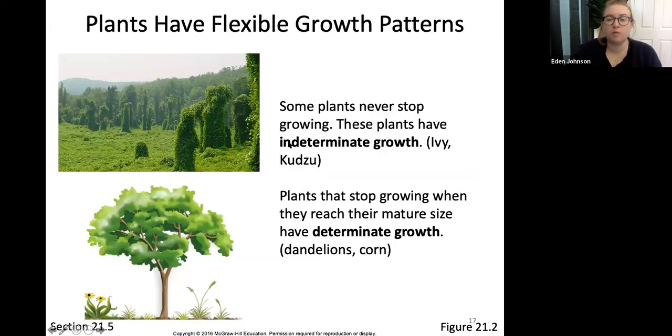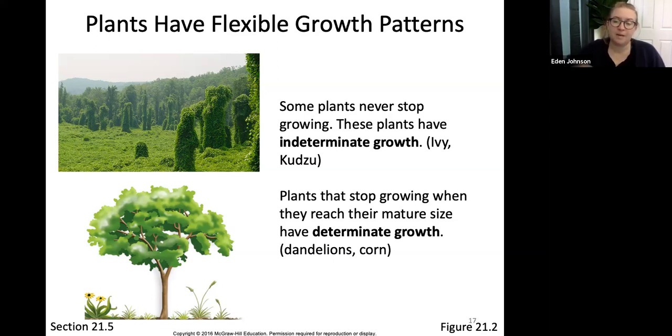Now we're going to talk about growth patterns for plants. You have indeterminate and then determinate growth. Things like ivy and kudzu, things that don't stop growing. If the environment is good, if they have enough resources, they would just keep growing forever, like ivy and kudzu. Those plants have indeterminate growth.